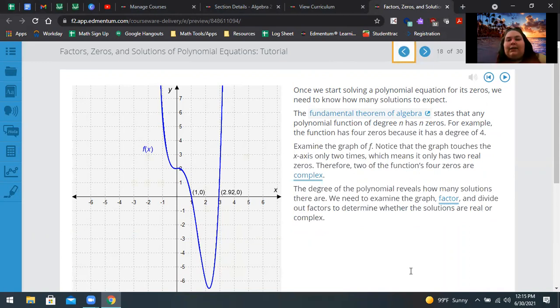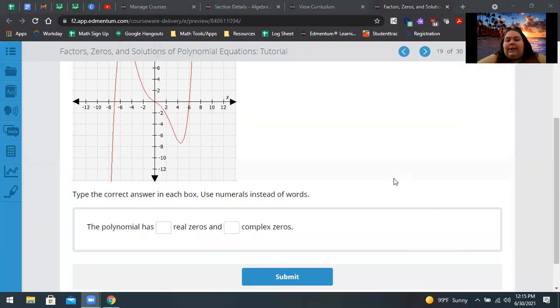And the complex situation is that you can have a complex number and its conjugate. Like if the complex number is 3 minus 2i, the conjugate of that is 3 plus 2i, always leaving you with 2 complex.